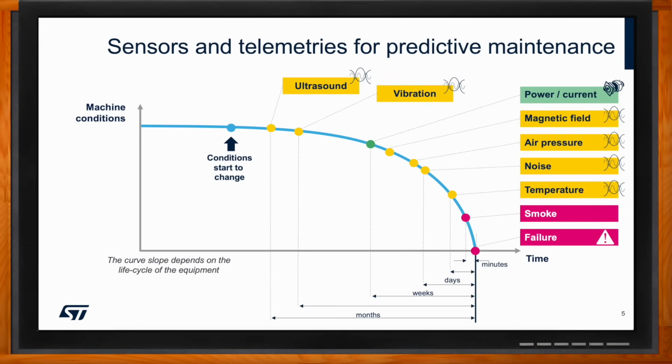So you may sense variation in the power consumption pattern, in the current, and as we get closer to the actual failure, other sensors can sense events such as noise, changes in temperature, smoke, and similar. So different sensors may give you different information concerning how close you are to the failure event.